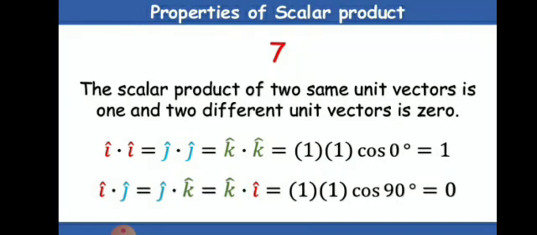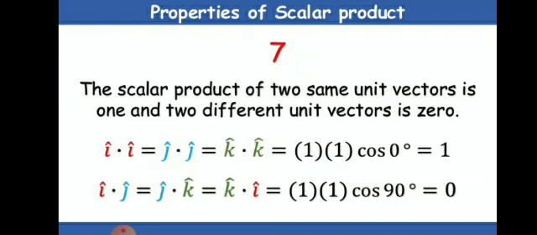The scalar product of two same unit vectors, like I cap dot I cap, is equal to j cap dot j cap, is equal to k cap dot k cap. Its value comes to 1. How does it come to 1? Their magnitudes are 1 and 1 each, and the angle is 0. Cos 0 is 1, so you will get the value unity. That is the scalar product of two same unit vectors.